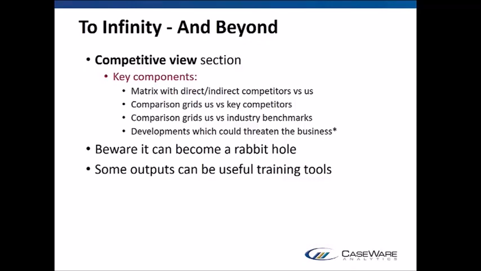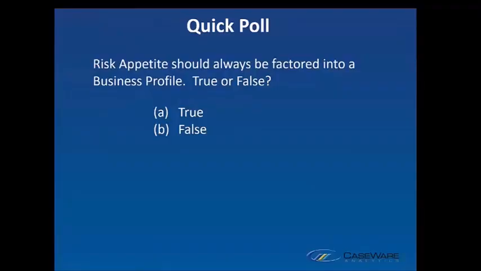So this is a section where we can air those concerns and risks. Some of these outputs, if done well, actually become very useful for the organization. Some of these have already been done by marketing departments, but I think it's very useful for audit to get out of the internal world and look outside the organization.